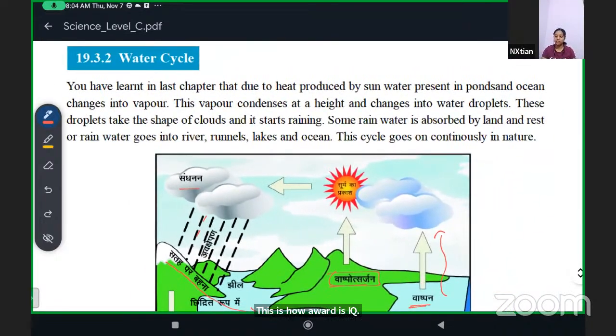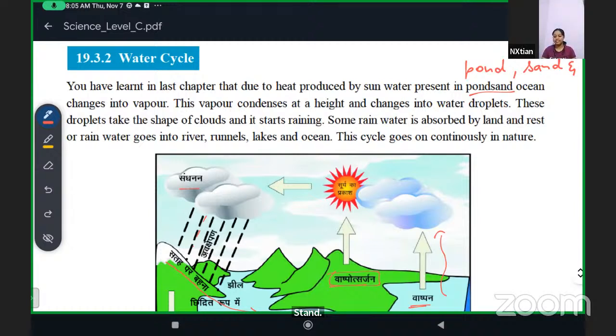Let's give this a read. Due to heat produced by the sun, water present in ponds, sand, and oceans changes into vapor.